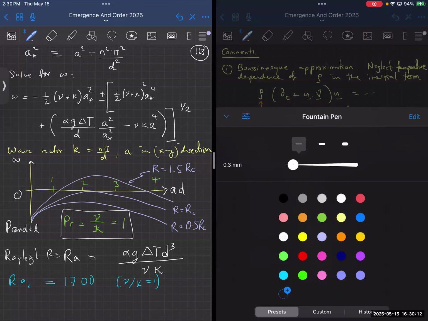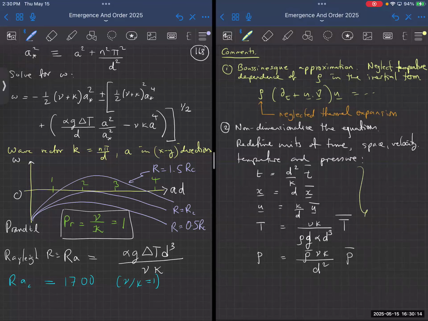So all of these are dimensionless variables. And once you put it in those forms, the equations become much simpler. All of the alphas and g's and everything drop out of the equations.